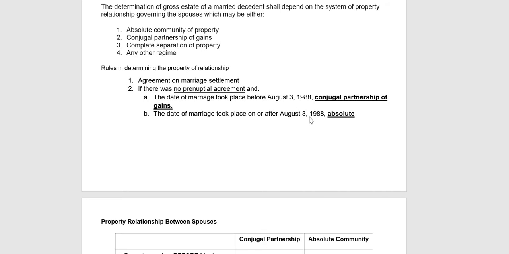But that doesn't mean that if you married after August 1988, you can no longer have conjugal partnership of gains. That only arises if there is no prenuptial agreement. If you marry, you can decide which regime applies. If there is no prenuptial agreement, then that rule will be followed.